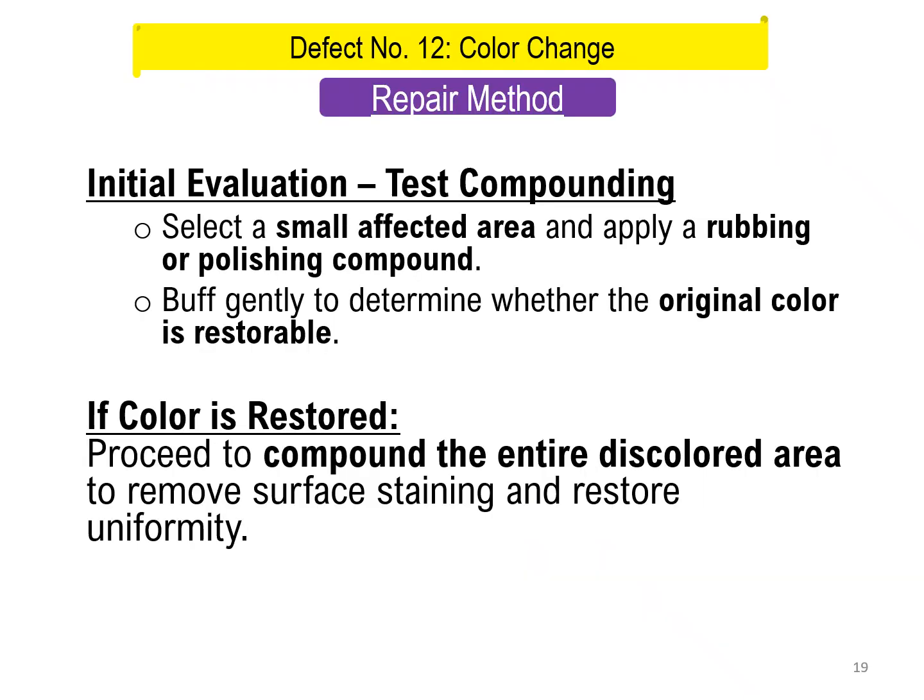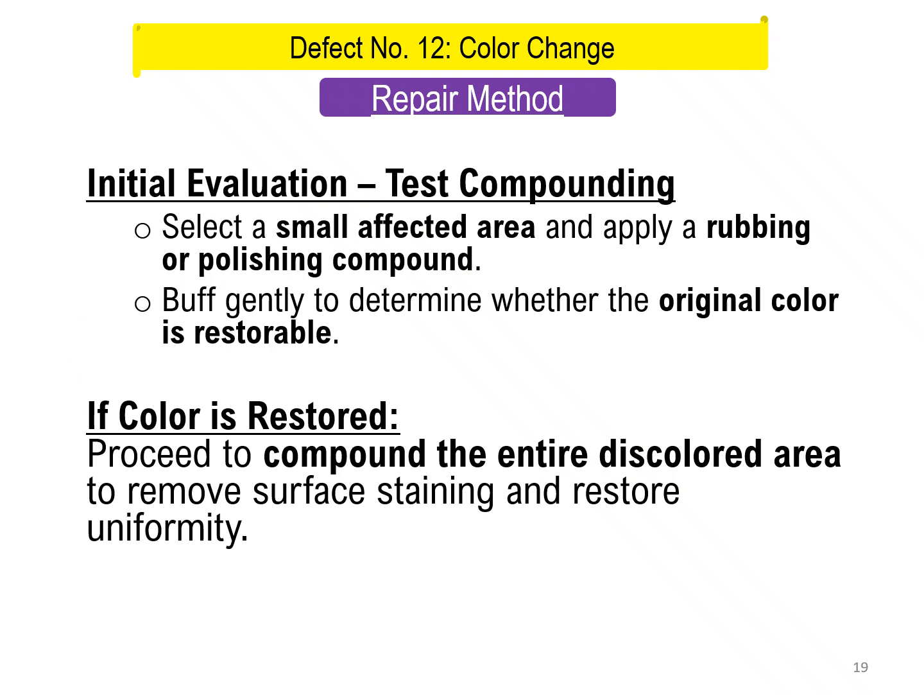How to repair the color change defect. To start with, initial evaluation, that is, test compounding. Select a small affected area and apply a rubbing or polishing compound. Buff it gently to determine whether the original color is restorable.